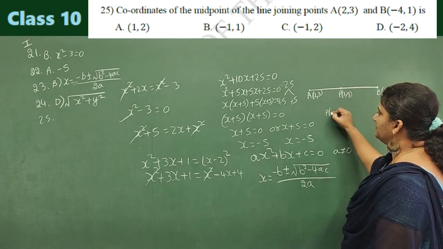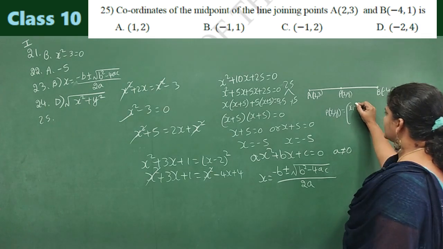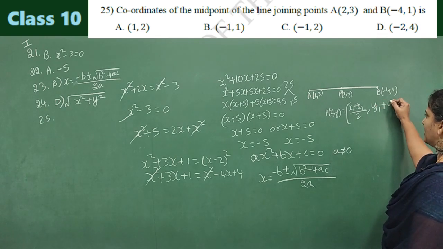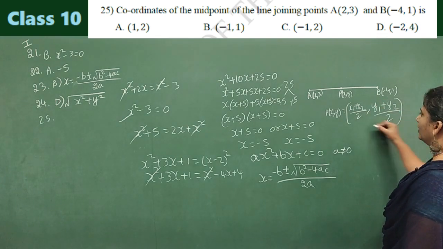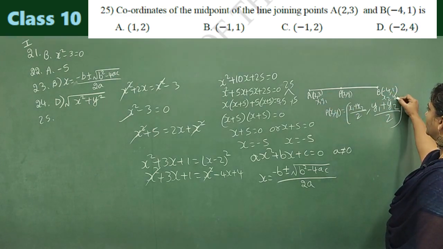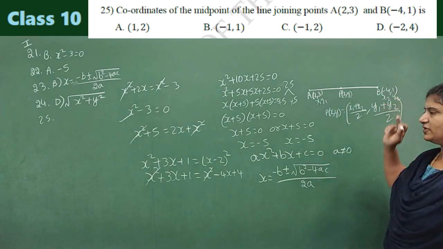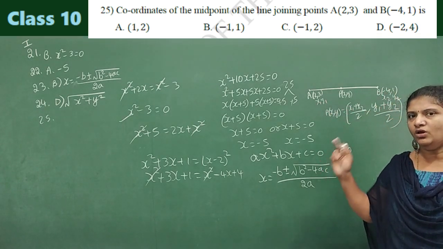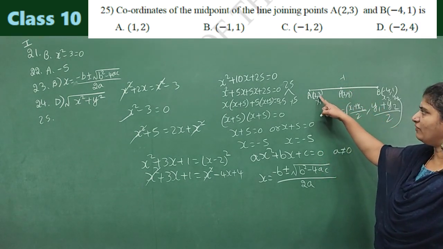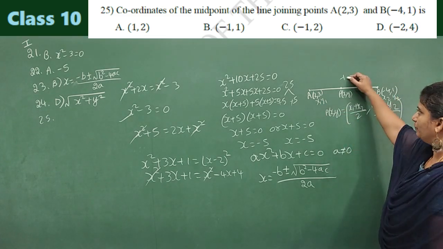So, the midpoint formula: P(x, y) is equal to (x1 plus x2 by 2, y1 plus y2 by 2). Directly you can say, 2 plus of minus 4 is 2 minus 4, that is minus 2. Minus 2 by 2 will be minus 1. And coming to the y coordinate, 3 plus 1 is 4, 4 by 2 will be 2.